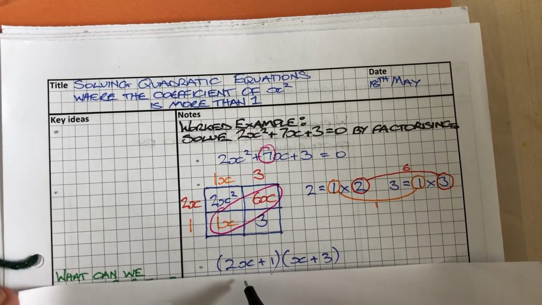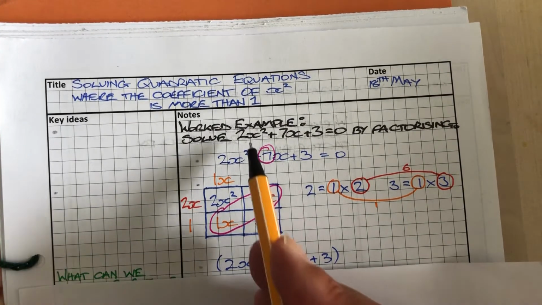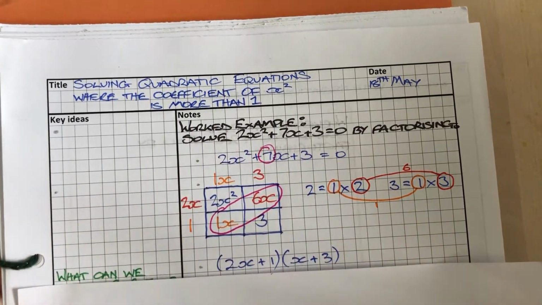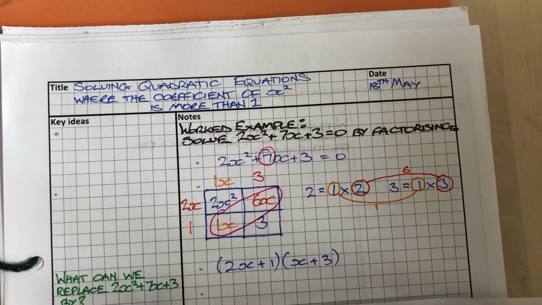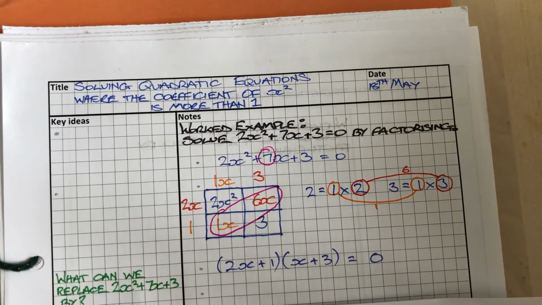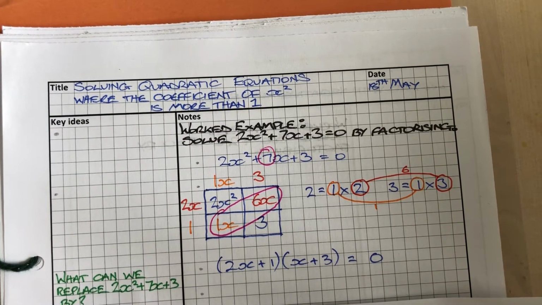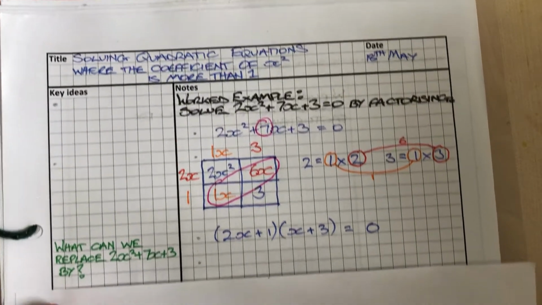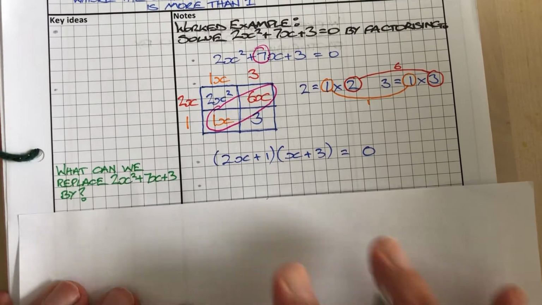This is replacing our original 2x squared add 7x add 3. So the rest of the equation is the same. 2x add 1 times by x add 3 is still equal to 0. Right?